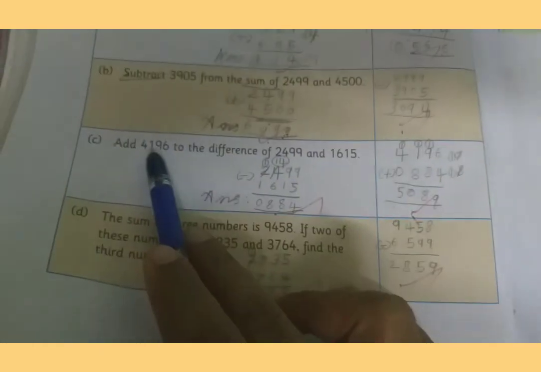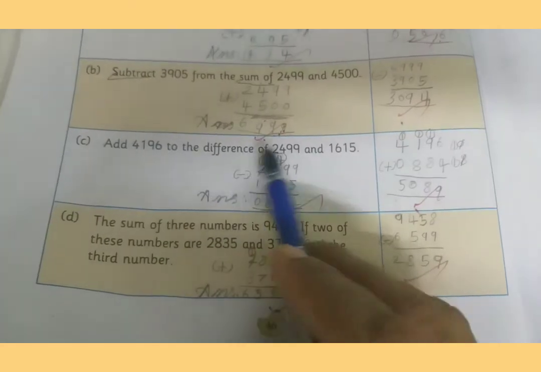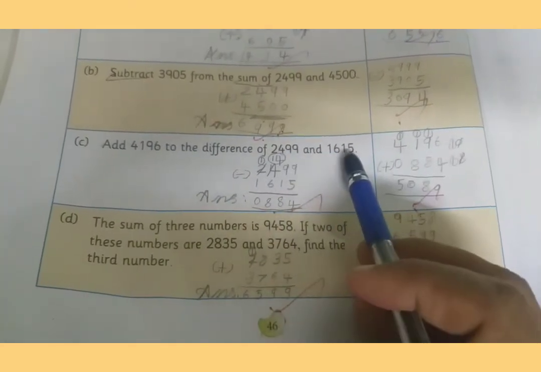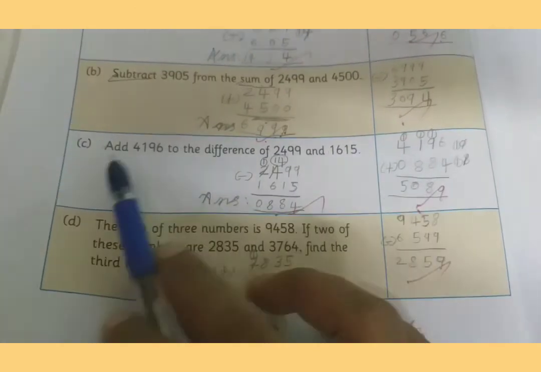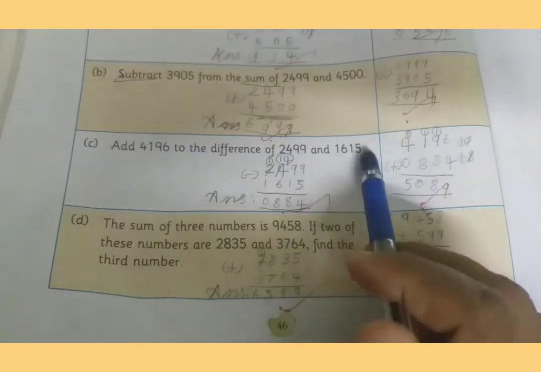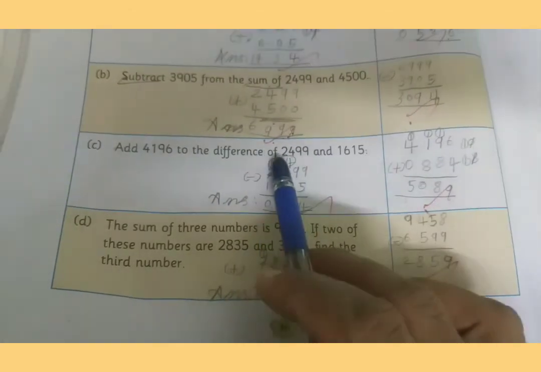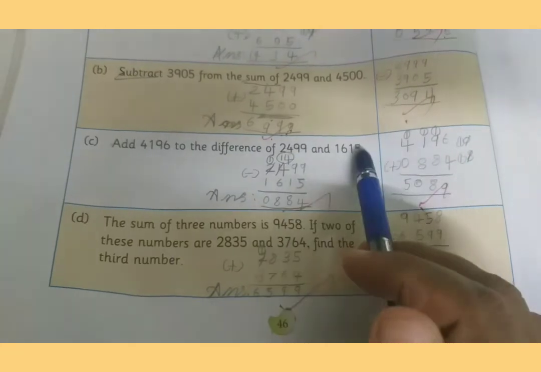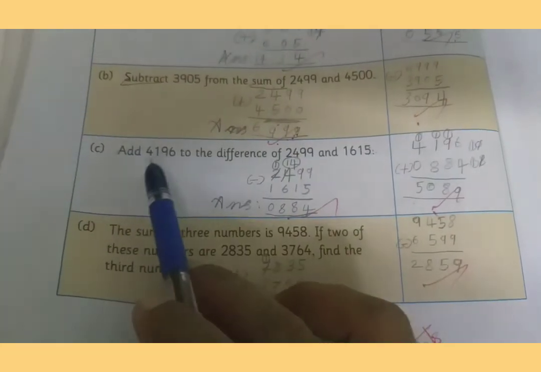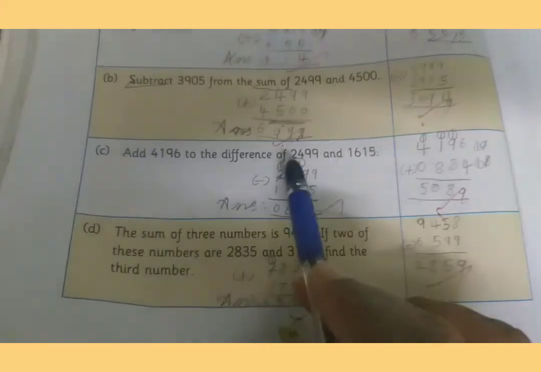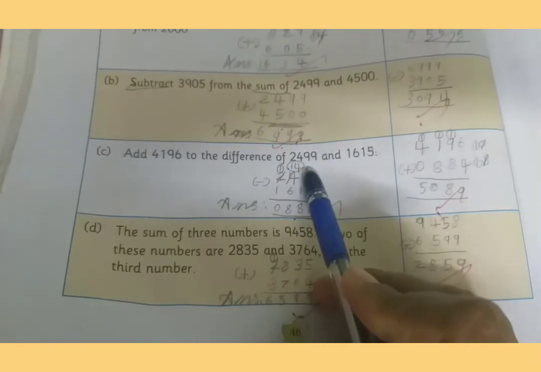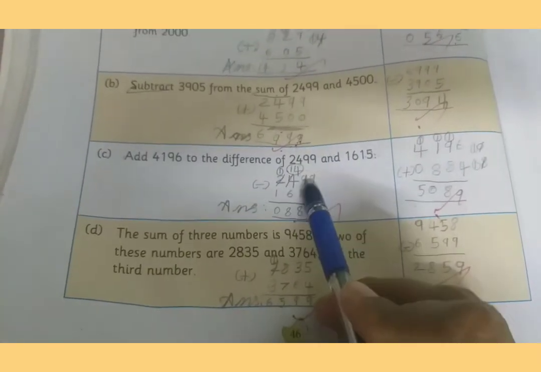Add 4195 to the difference of 2499 and 1615. Add the difference. You have to find out the difference. So first of all you have to find out the difference of these numbers. Add means, they have said add this difference, what does that mean? First of all here you should find the subtraction.